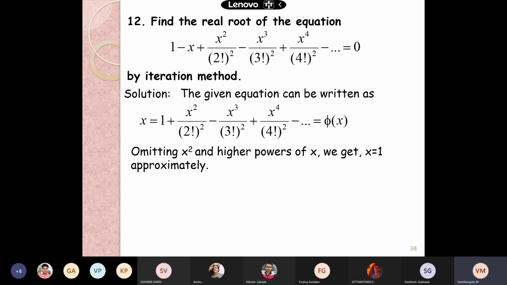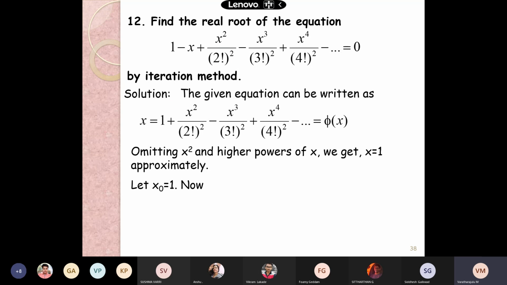Before that, we can get where the root zones are available through this. Thank you, Pradeep. Omitting x square and higher powers of x, we get x is equal to 1, right? So we can start our iterations with x as 1.